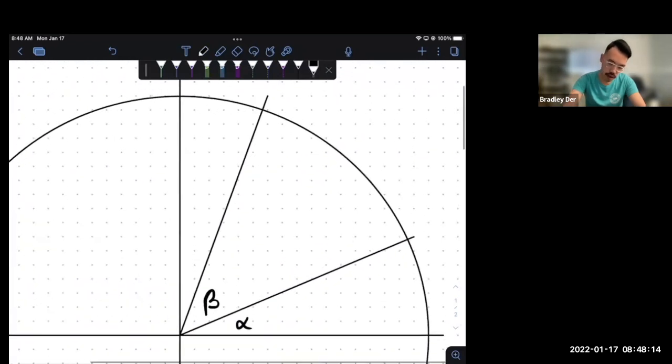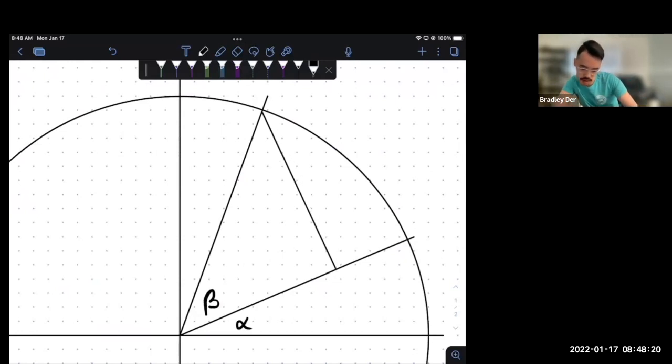We're going to continue our construction by extending this and dropping an altitude from this point of intersection on the unit circle down to the radius for our angle alpha. So this is just an altitude from a point to a line. Then around that, we can construct a rectangle.